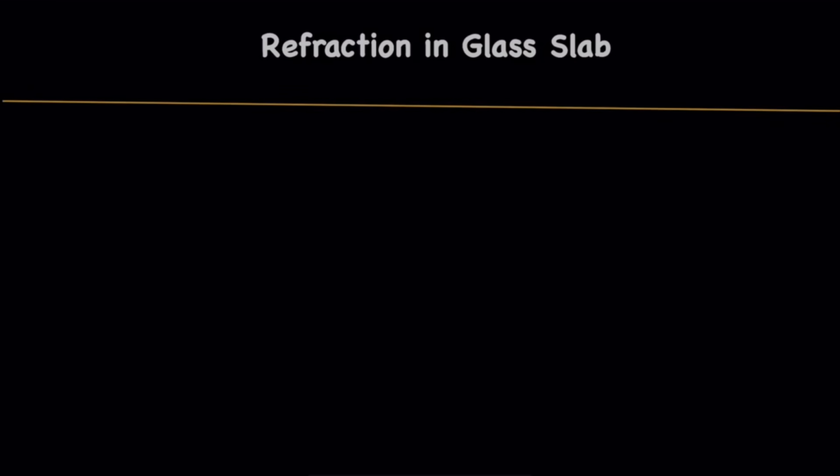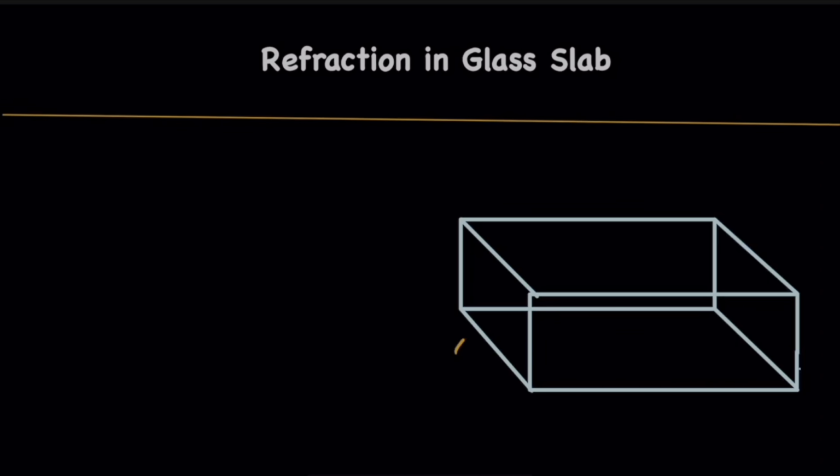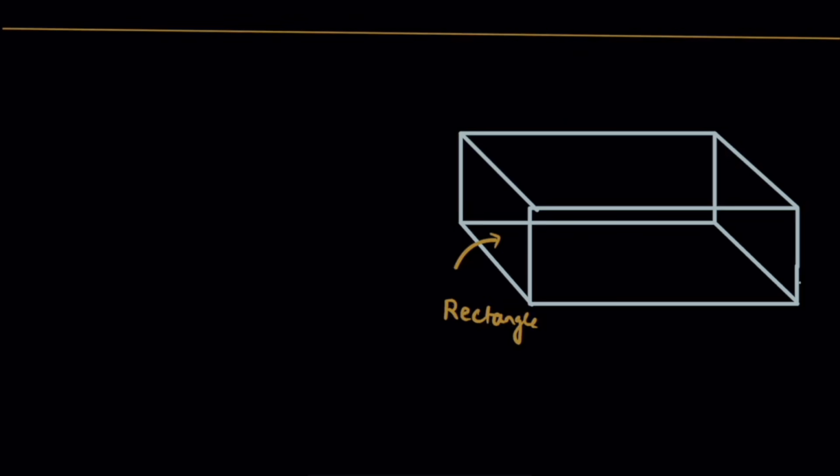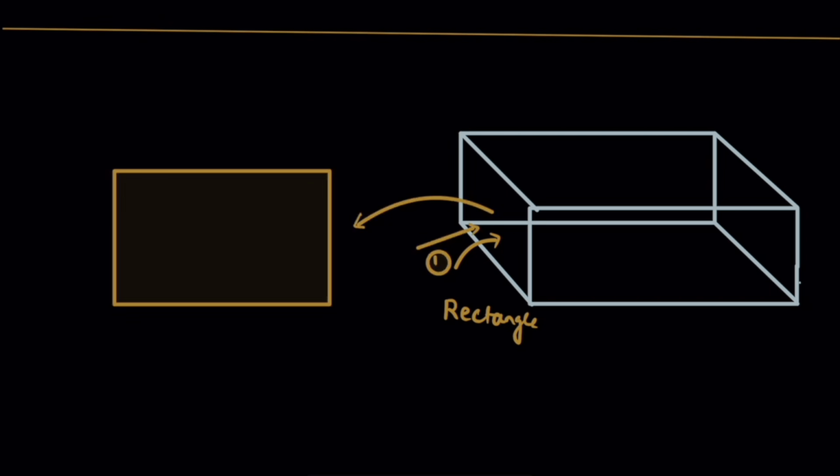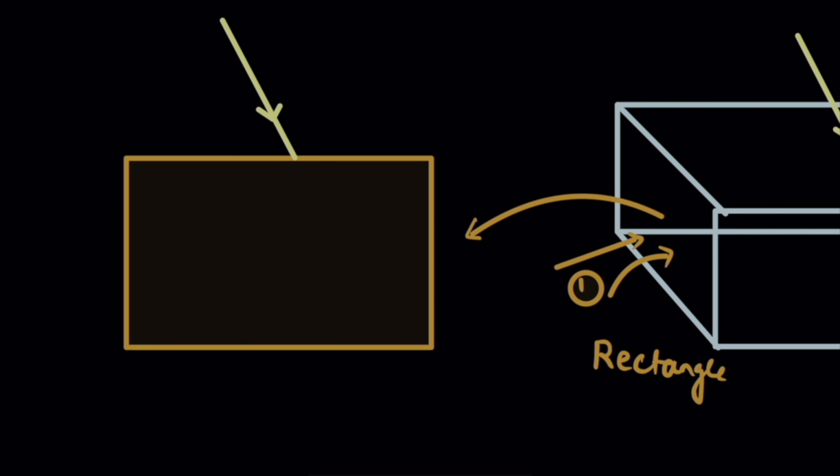Now our next topic is refraction in the glass slab. Glass slab is a cuboidal transparent solid. This is a glass slab where all the surfaces are rectangular. So if we see the refraction in the glass slab from this surface, here is our incident ray, and here is the normal.